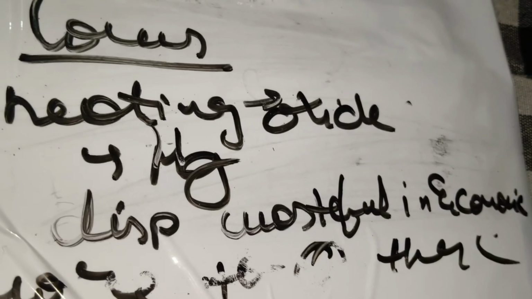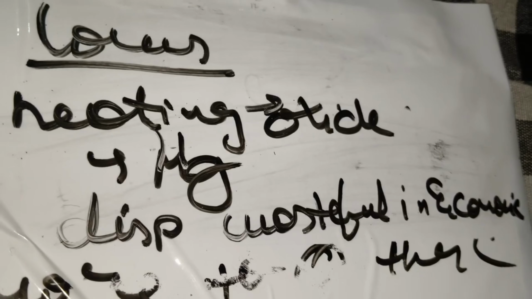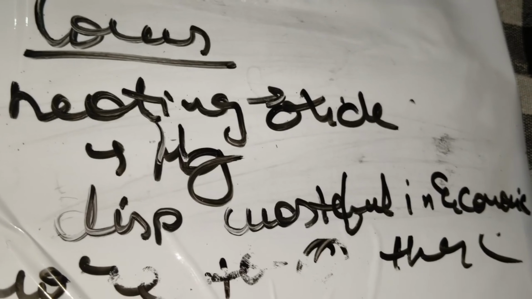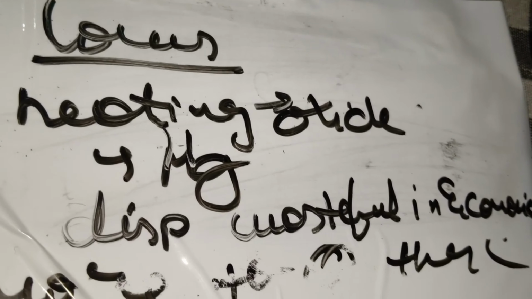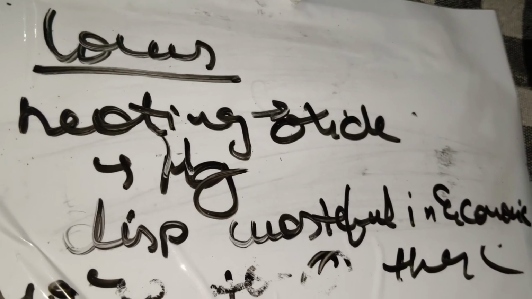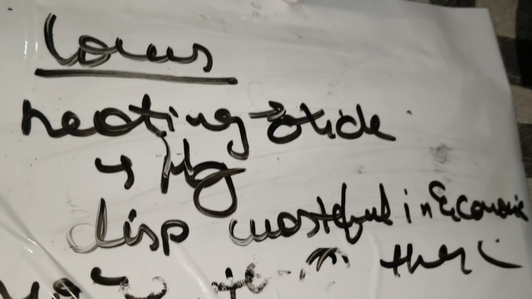So doing a displacement reaction is sometimes a waste of time and also economically not a good idea. That is why for lower reactive elements heating is usually done, which forms the oxide, and from it we can easily get the metal itself. A displacement reaction is not required, and economically it is not a good idea. So that we have to keep in mind.